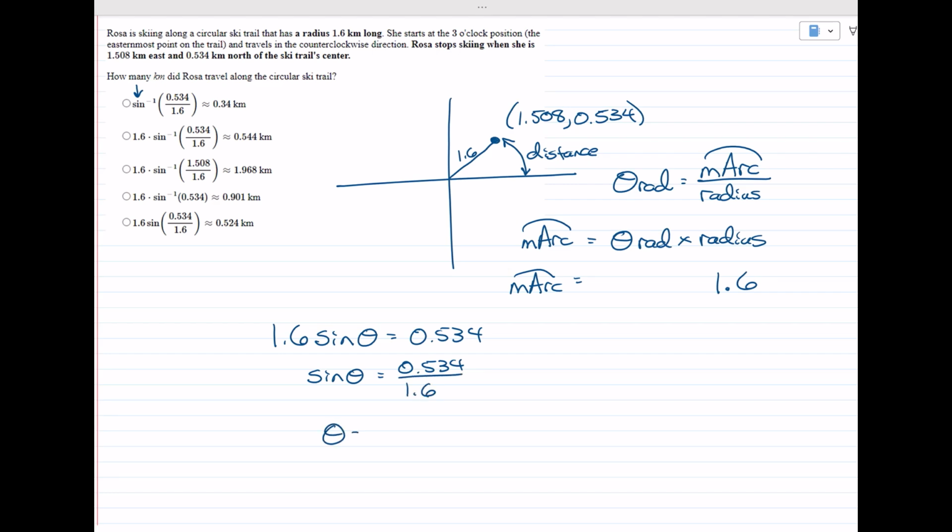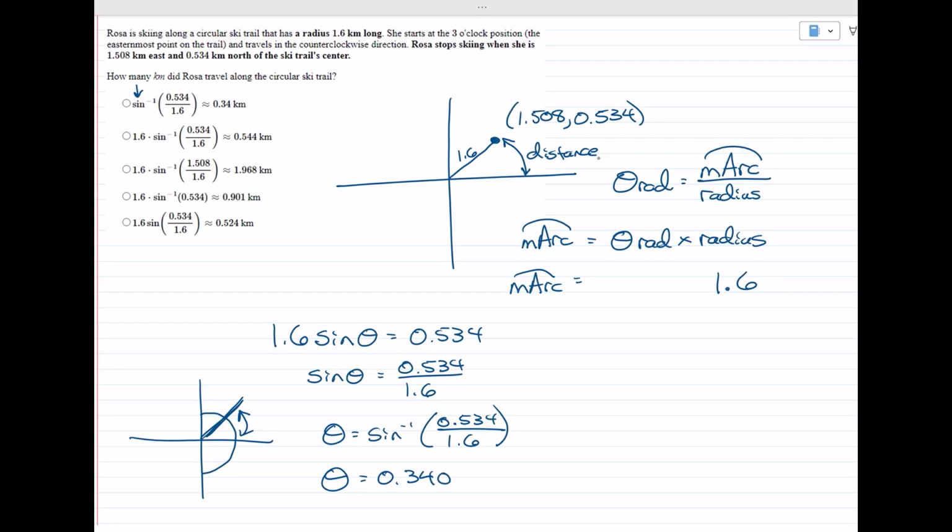And if we were to take the inverse sine of this, that would be our actual angle. Sine inverse is defined from negative pi over 2 to pi over 2. So hopefully when we type this into our calculator, we're going to get an angle right here, which means we won't have to make any adjustments. So let's type in inverse sine of 0.534 divided by 1.6, and I'm getting 0.34.